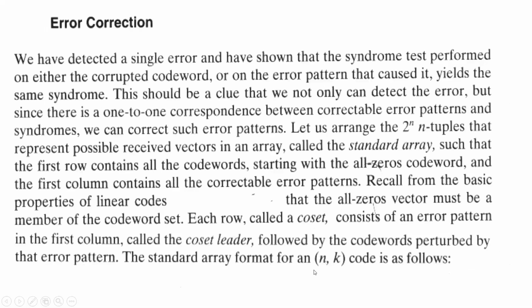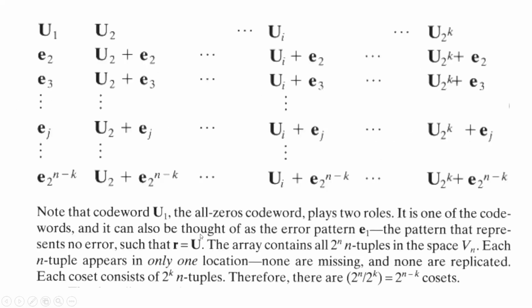The standard array format of an (n, k) code is as follows. Note that the code word U1, the all zeros code word, plays two roles. It is one of the code words, and it can also be thought of as an error pattern, E1 here, the pattern that represents no error, such that R equals U. The array contains all the possible 2^n tuples in the full vector space Vn.